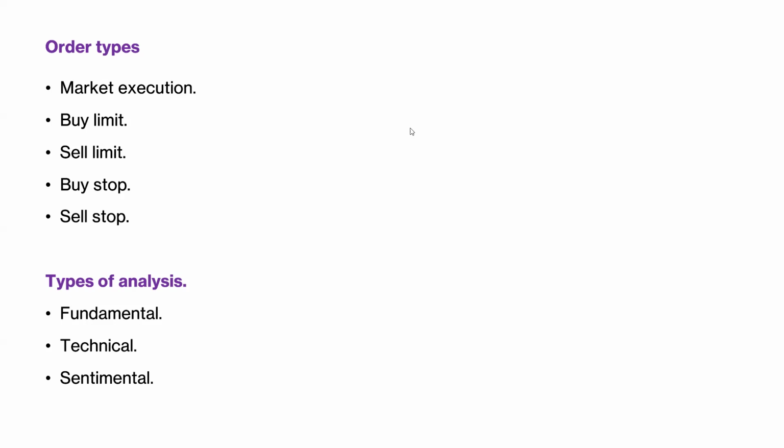Now, there are types of analysis. There is fundamental, technical, and sentimental analysis. Fundamental is just the use of news updates. You can use Forex Factory for that, to be checking news, checking interest rates, checking when a country will be announcing things like non-farm payroll.